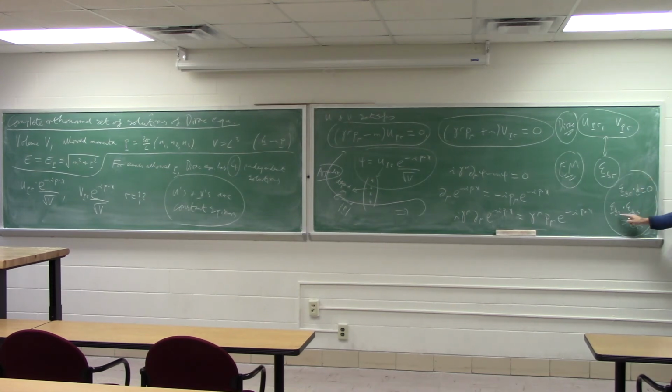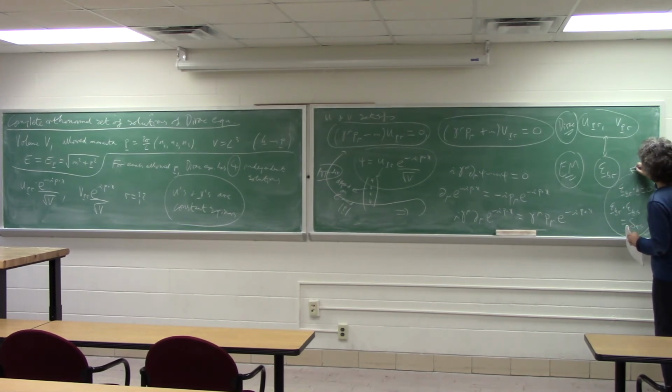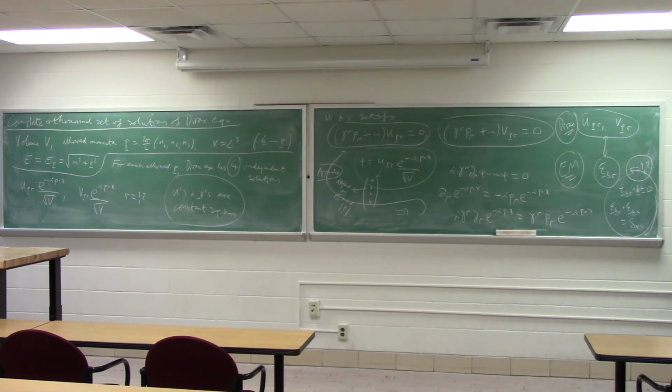For a given k, epsilon_k^1, epsilon_k^2, so r is 1 and 2. So you've got k, you've got epsilon_k^1 and epsilon_k^2. They're orthogonal to k, and they're orthogonal to each other. That's all we use, the only properties we used of these things.